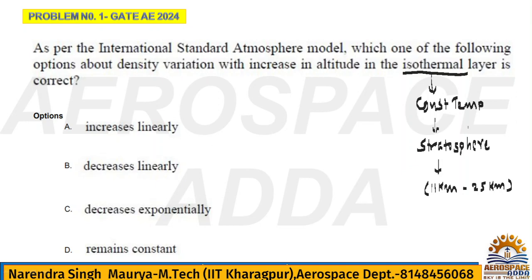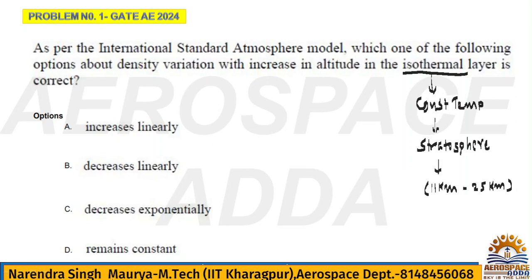If you talk about temperature, obviously in the troposphere it decreases linearly, but in the stratosphere it becomes constant. Only pressure and density are varying, and they are decreasing. The options are: increases linearly, decreases linearly, decreases exponentially, remains constant.